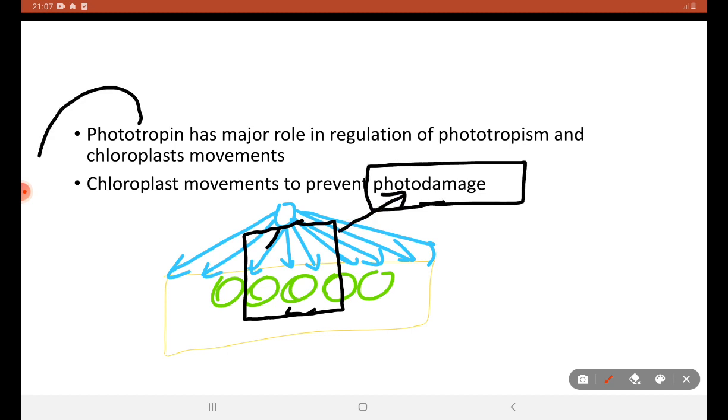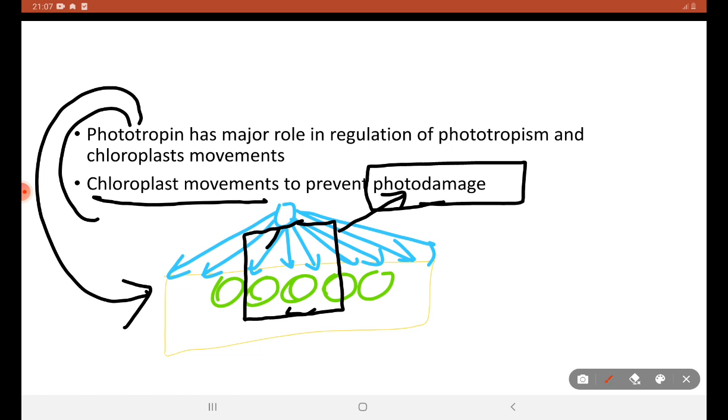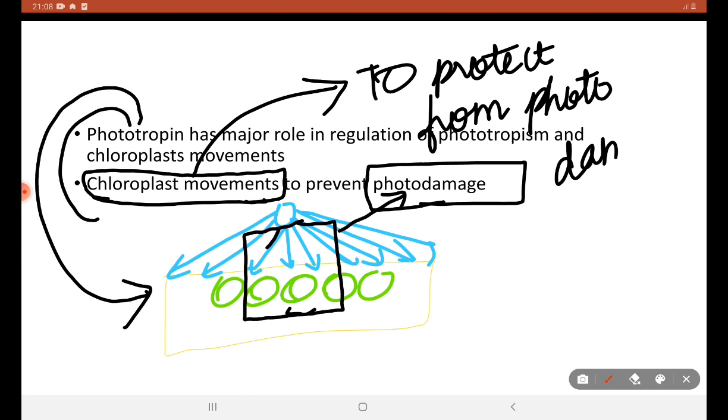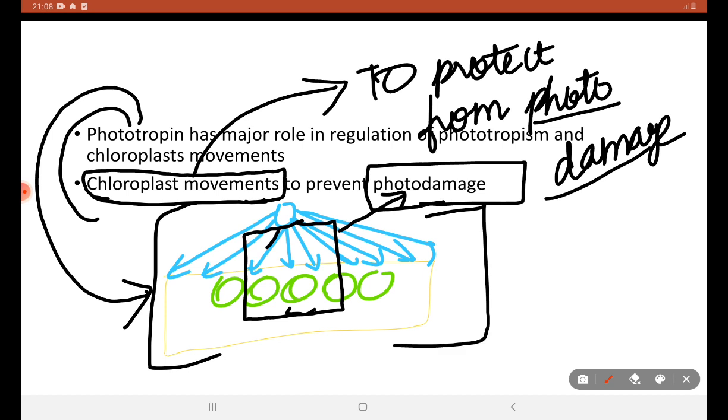The role of phototropin is to prevent photo damage, and it is also involved in chloroplast movement. So this is the reason why chloroplasts move, to protect from photo damage.